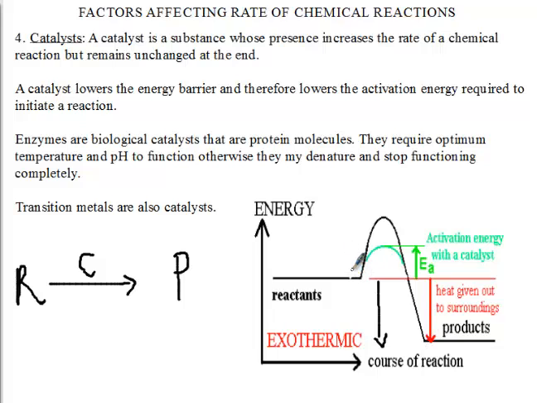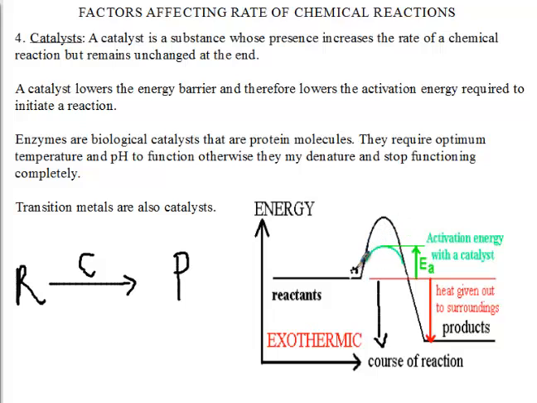So each particle here must be able to have energy with which it can overcome the activation energy before it loses the energy to form the products. Now the enzyme acts by lowering this activation energy demand. It lowers this activation energy.